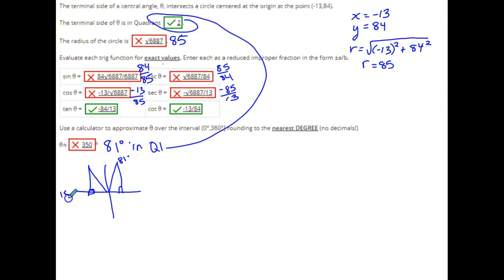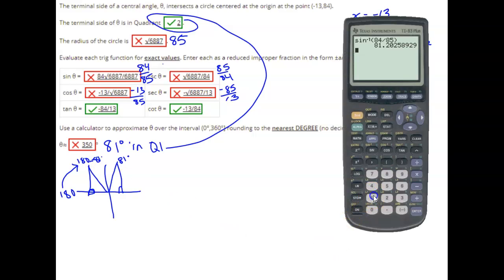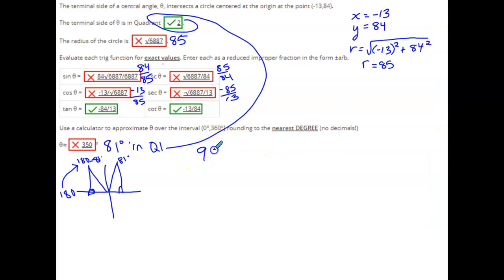And half the circle is 180, and we're going backwards, which would be clockwise. So this angle is 180 minus 81, which is 99 degrees. So theta is 99 degrees.